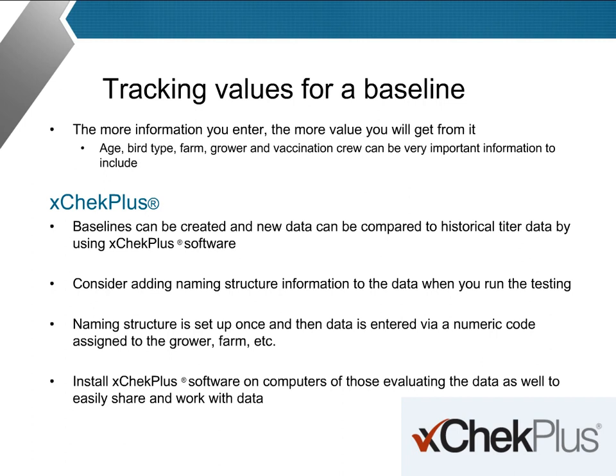A naming structure is something you set up once, and then you enter data corresponding to those birds via numeric code that is assigned to the grower, the farm, whatever value you'd like to be recording. We also recommend you install XCheck Plus on any computer that will be used by people evaluating the data, as this makes it easier to share the data and then to work with it as well.